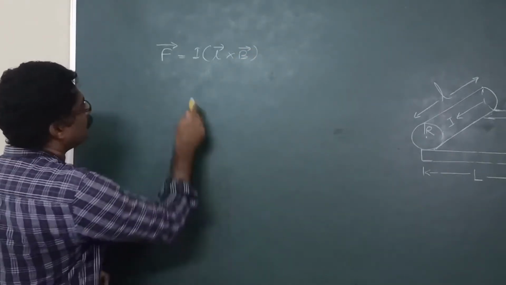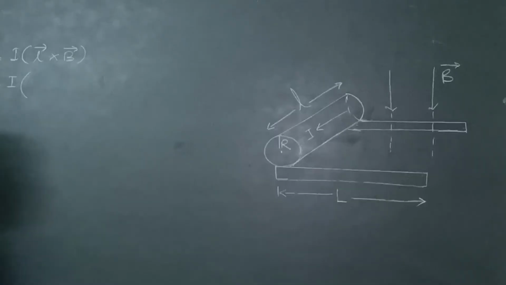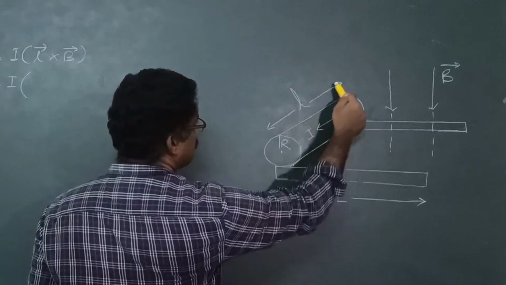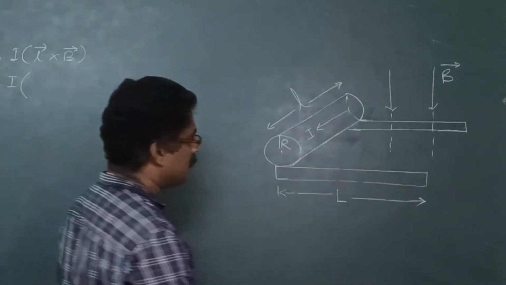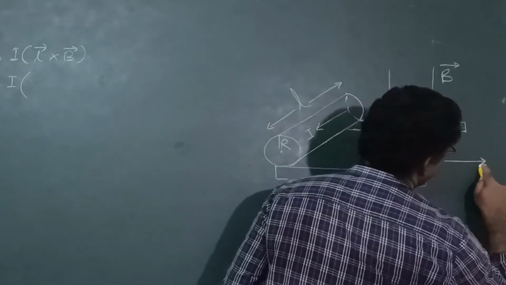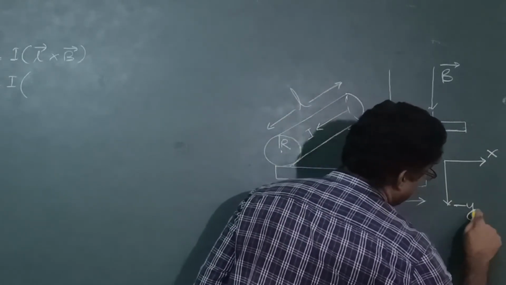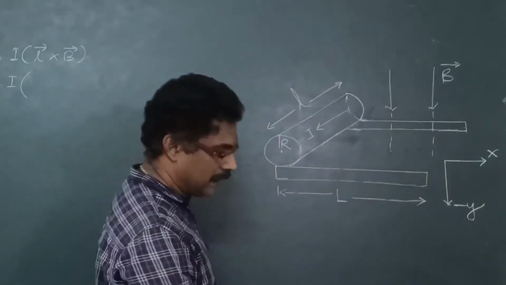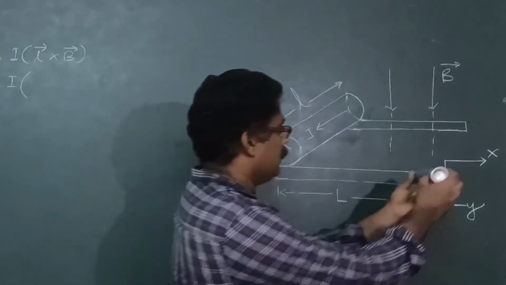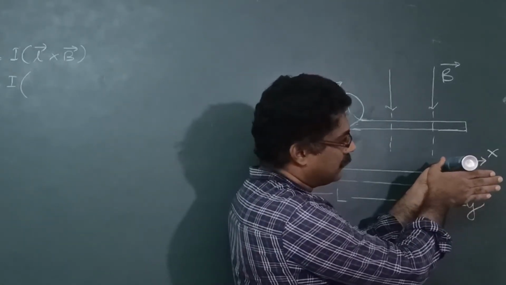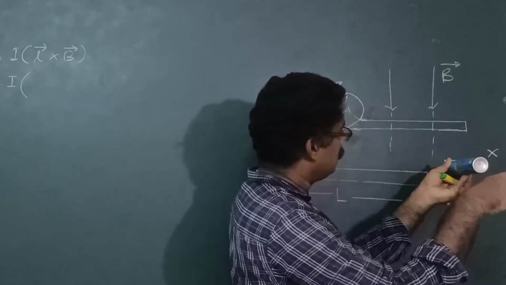Okay, so here the current is I. What about L vector? The length of the conductor is this one. So what is its direction? So you just consider this is positive x direction and this is negative y direction. Then if this is the rod I placed on the rail, then the length is this one.